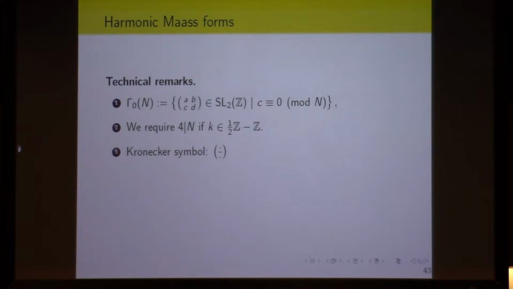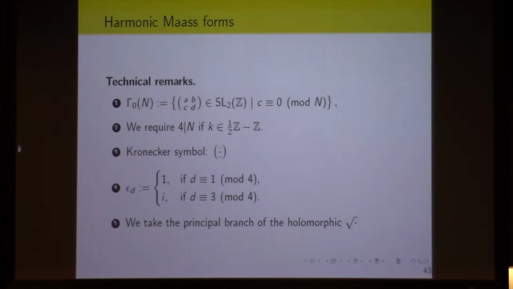This is plus or minus 1, and that shows up in the half integer weight transformation law. And this number epsilon_d, where d comes from the matrix (a b; c d), is either 1 or i, depending on what d is modulo 4. There are some technical remarks about the transformation law. If you're worried about taking square roots, you can always take the principal branch.